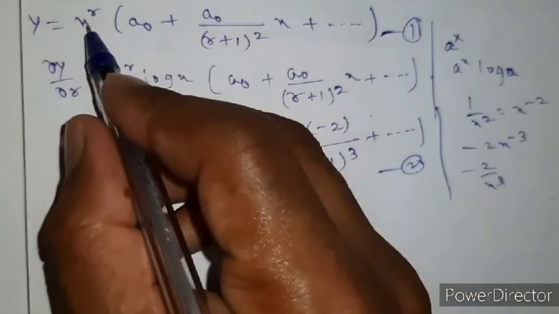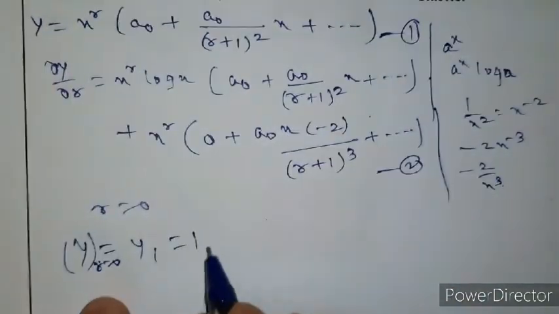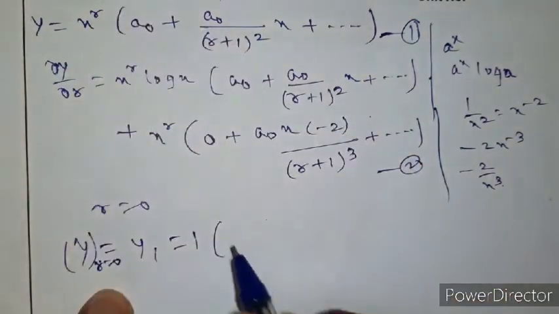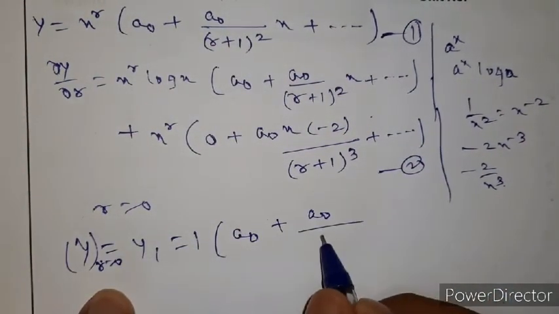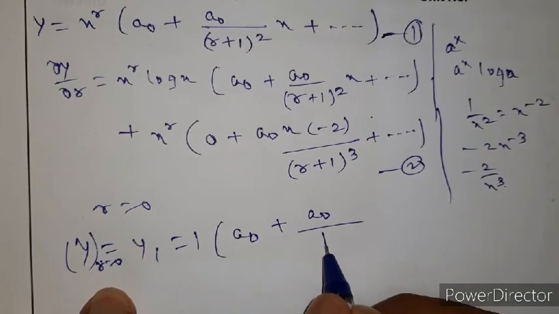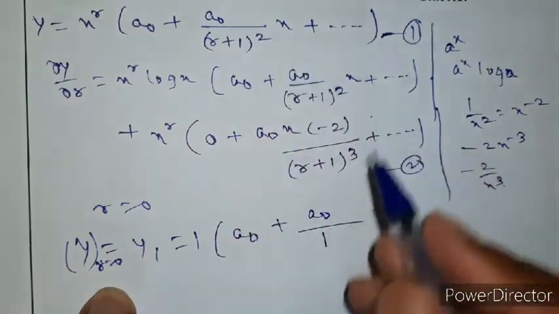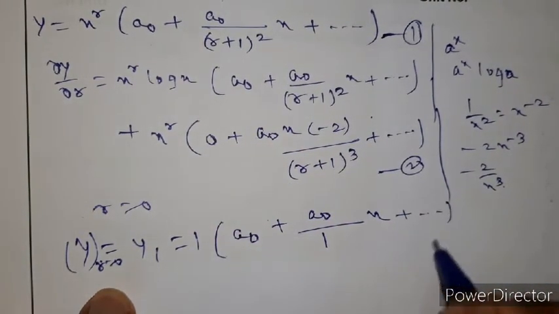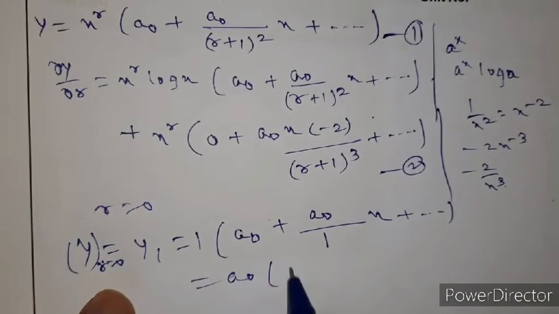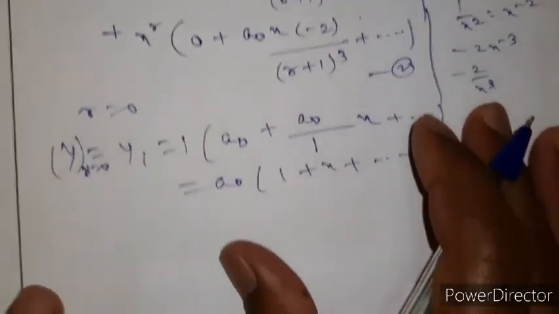Tell me, x raised to 0 is 1, into a0 plus a0 upon, if I put r equal to 0, I get (0 plus 1) square, so 1 square, no problem. It is x plus dot dot dot. You can take a0 common, a0 in bracket 1 plus x plus dot dot dot, getting y1.